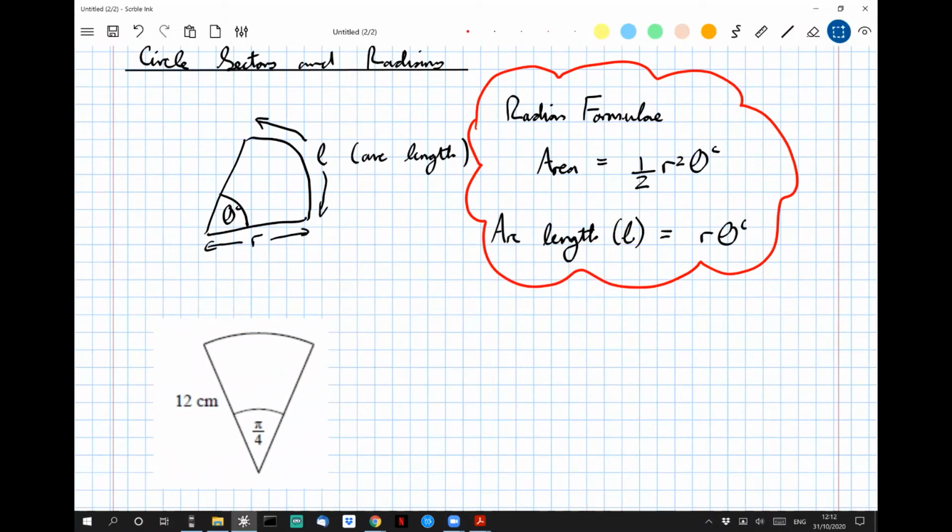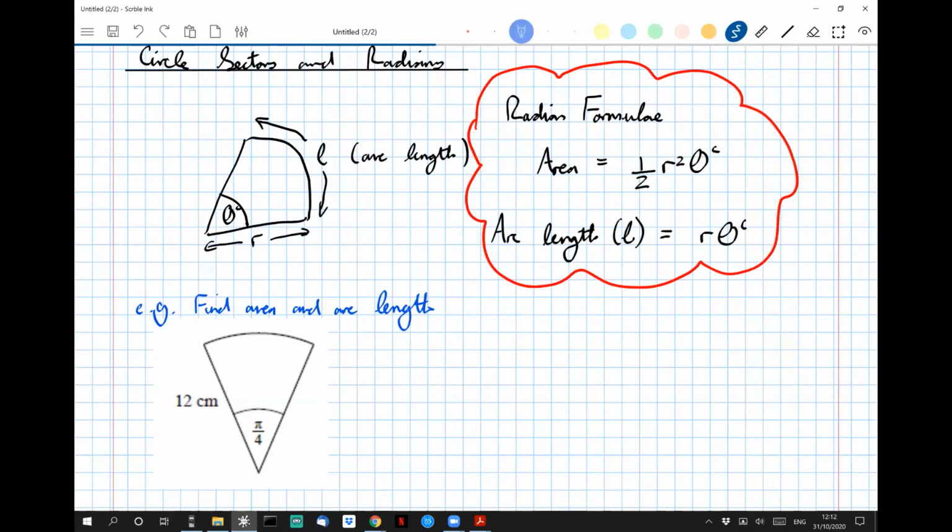So we'll give you a chance to do that, find area and arc length. And it is just a case of making sure that the angles are in radians, then actually doing it. So see if you can do that. I'll do it myself in a second.